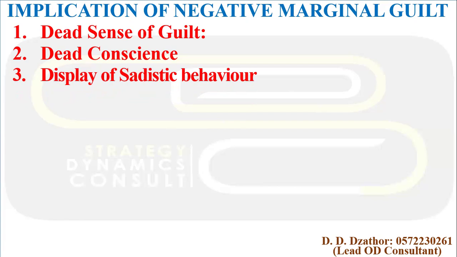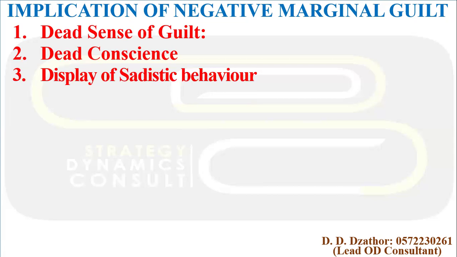That means that they even derive some level of pleasure seeing people suffer from their wrong deeds. They also lose their fellow feeling for individuals who are suffering as a result of their corrupt acts. And worst of it all, they lose their sense of care for human beings or their fellow human beings.